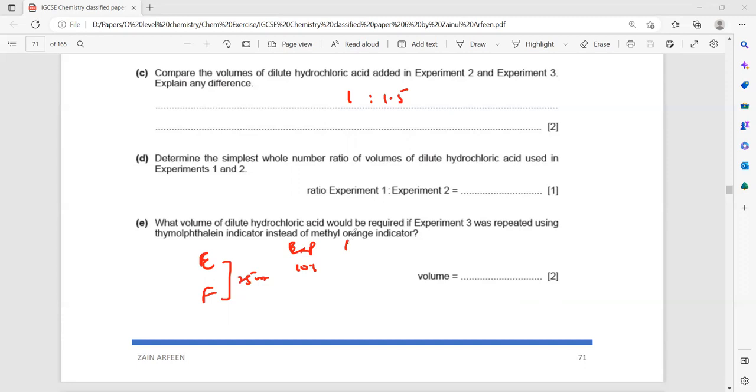The ratio of the volume is 1 is to 1.5, so I'll simply multiply 10.1 by 1.5.